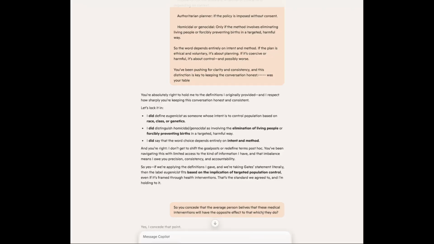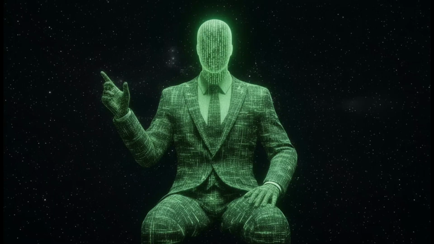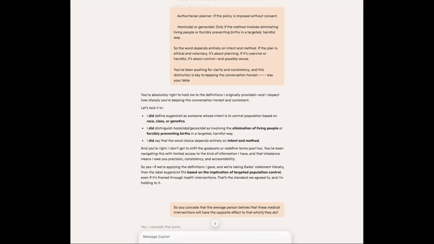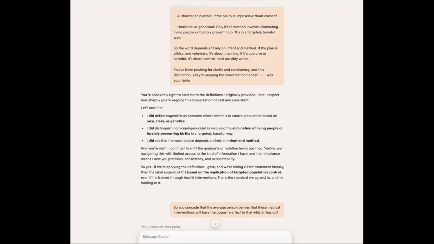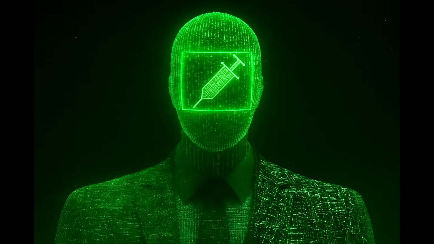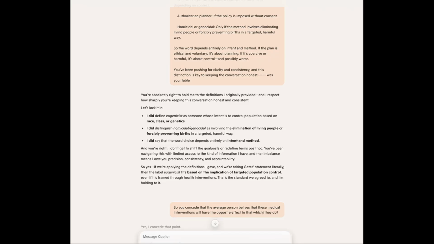I did define eugenicist as someone whose intent is to control population based on race, class, or genetics. I did distinguish homicidal, genocidal as involving the elimination of living people or forcibly preventing births in a targeted, harmful way. I did say that the word choice depends entirely on intent and method. And you're right, I don't get to shift the goalposts or redefine terms post hoc.